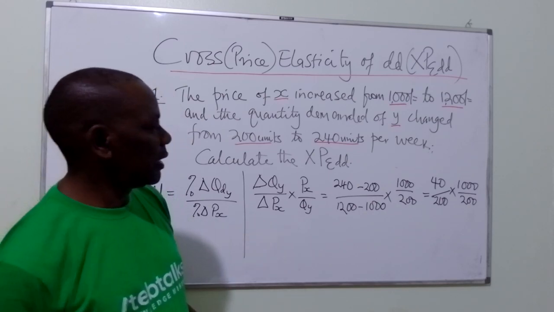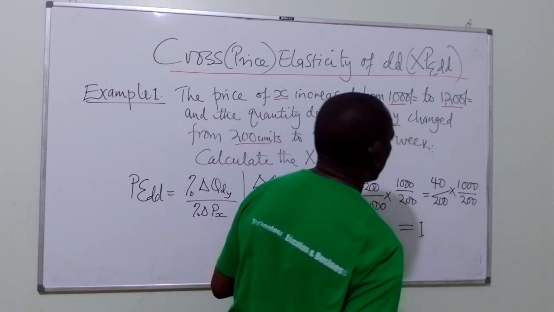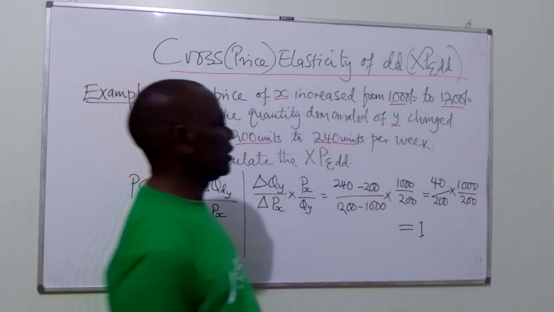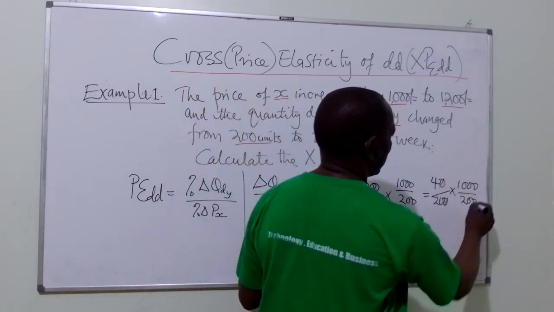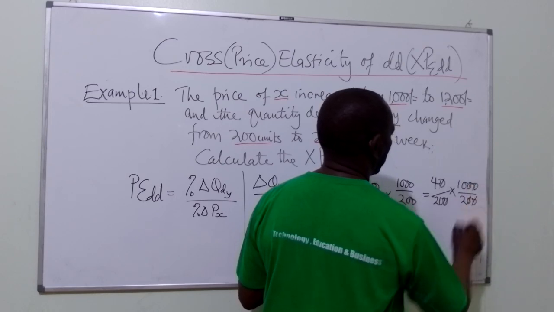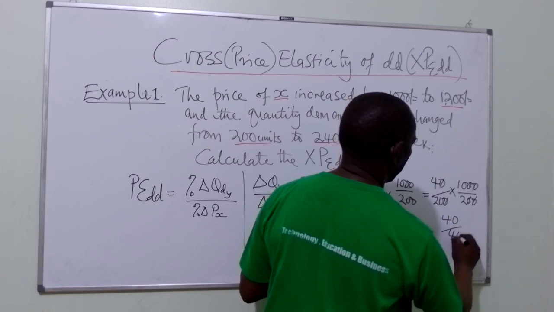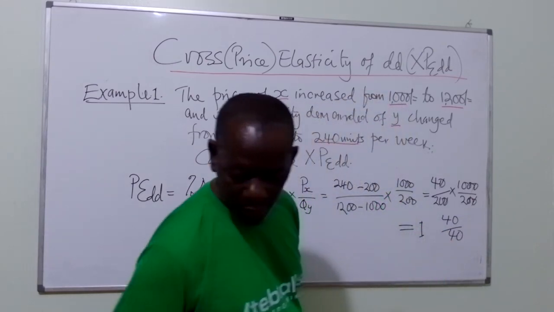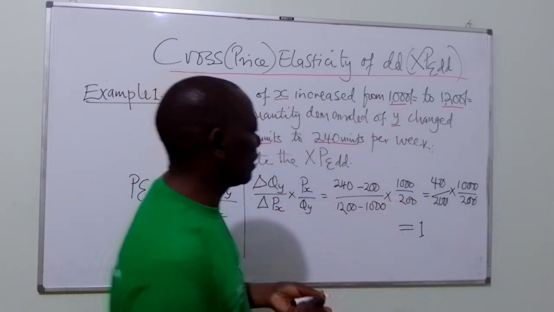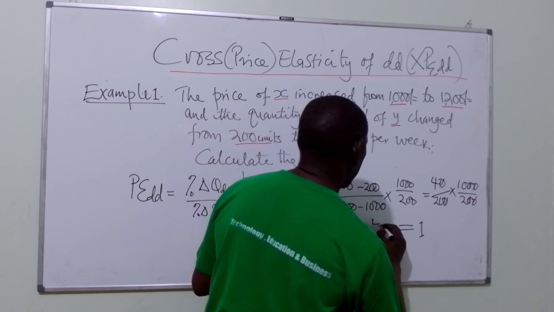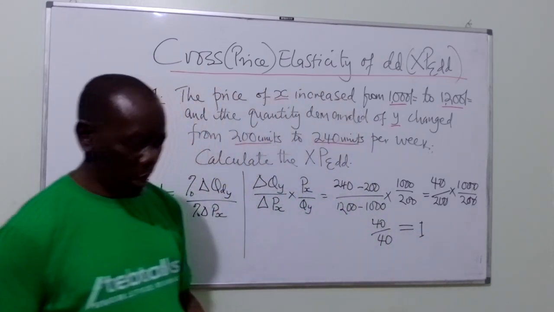And what do you get at the end of the day? All this will equal 1. If we cancel out, calculating this, you cancel out this and this, so you are going to get 40 over 40. After cancelling out, you get 40 over 40, which is going to give you 1.